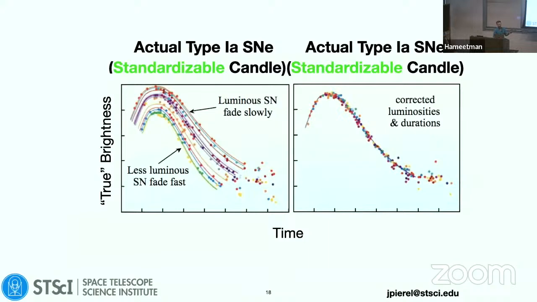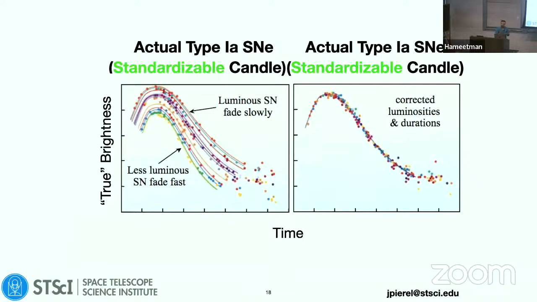And that's exactly what the right-hand side is, after doing that correction. So these are actually very good standardizable candles. They are not precisely standard candles. The process here is basically to find the Type Ia supernova by observing it with a spectrum that shows it's Type Ia, get a light curve, determine how quickly it's fading, and make that correction.